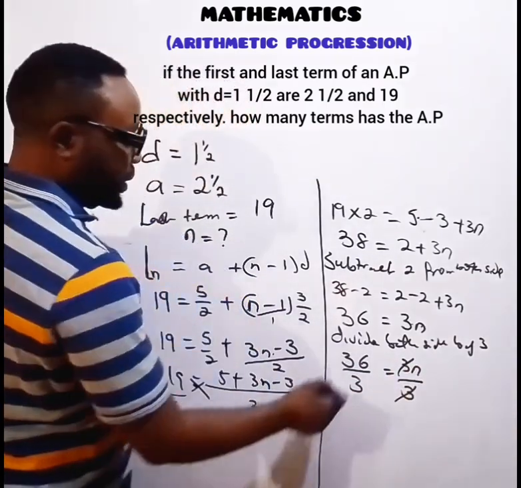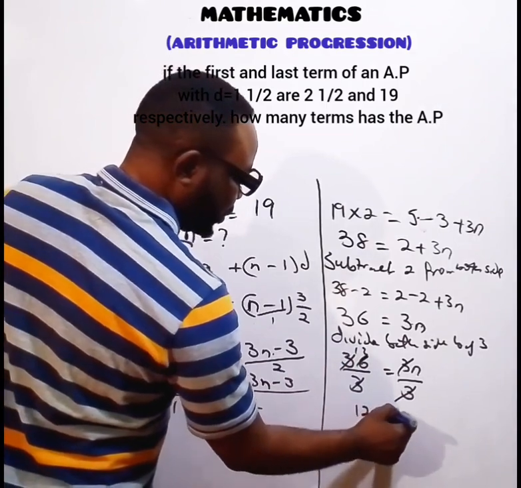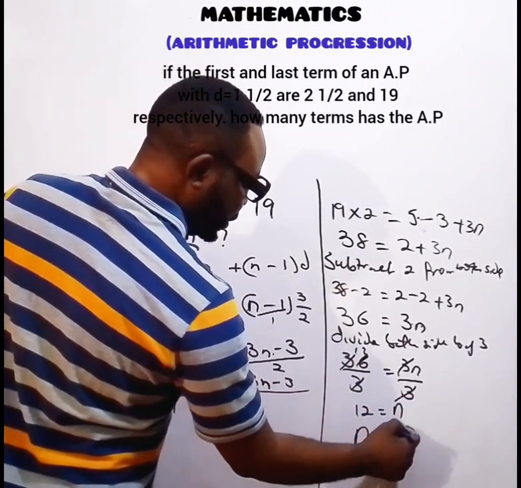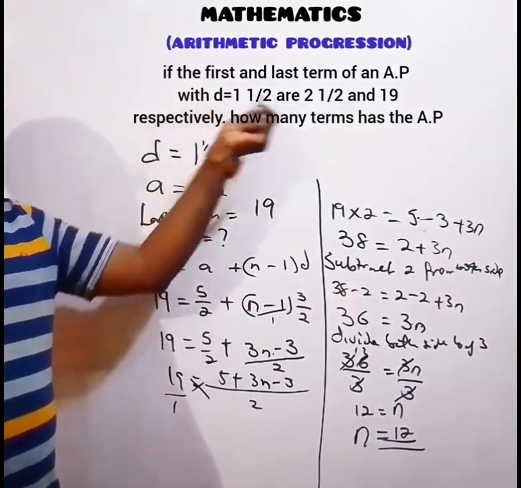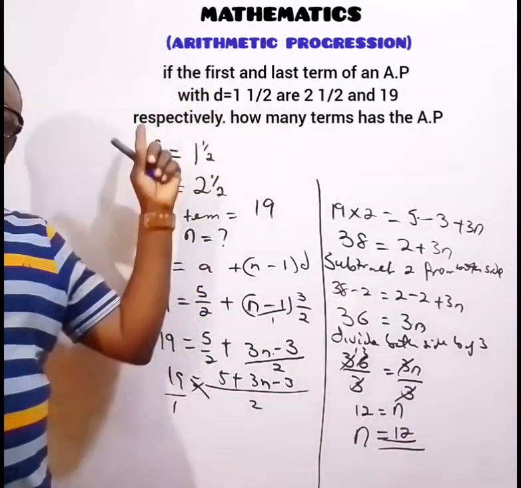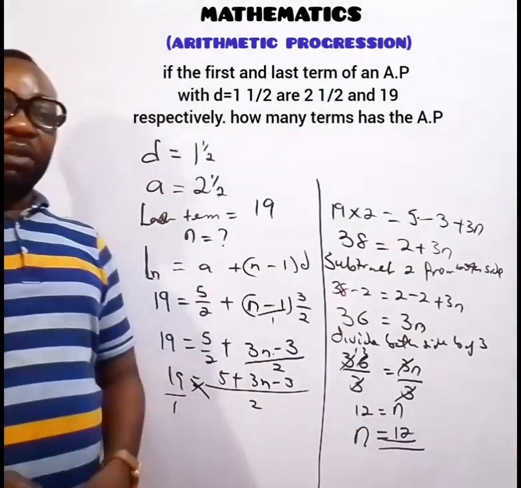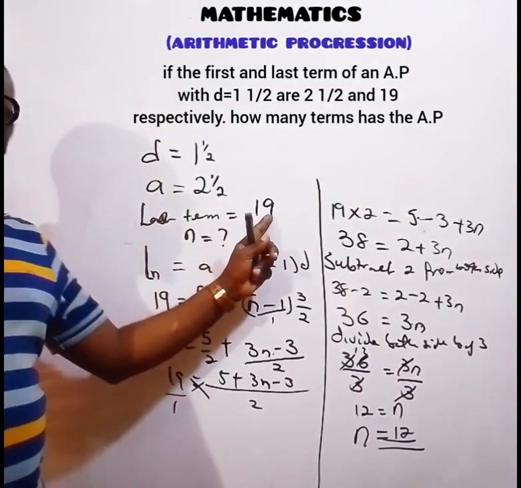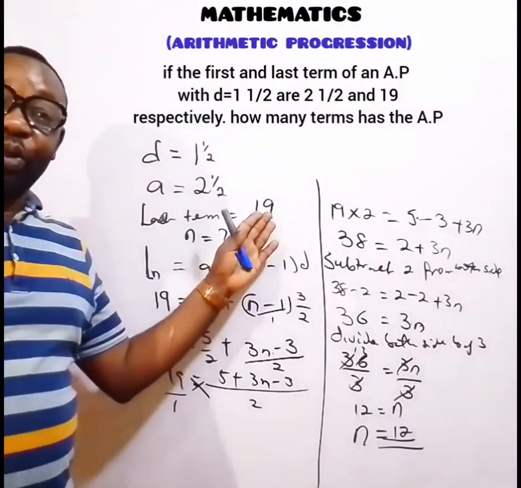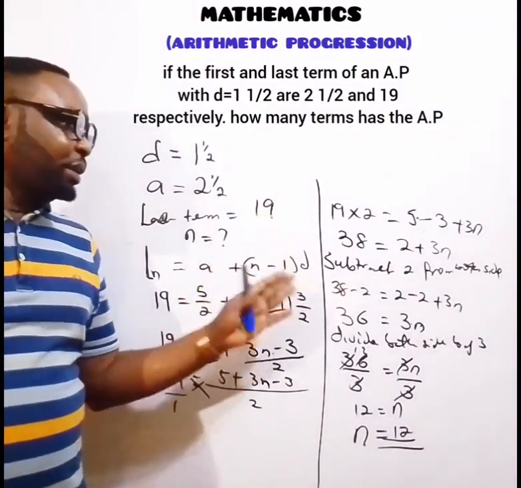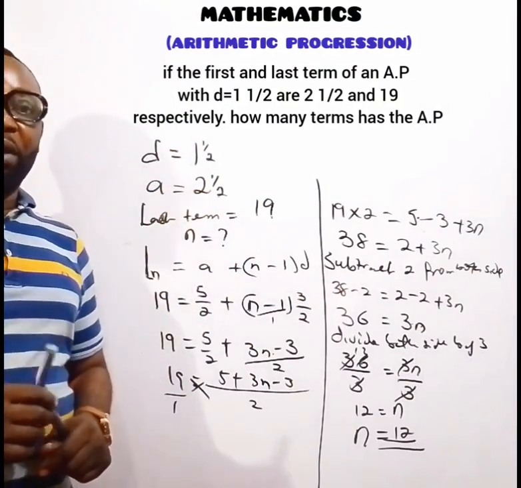This 3 cancels this 3. 36 over 3 is 12. So we're having 12 equal to n. That is, n is equal to 12. So the number of terms that this expression provides for us is the 12th term. It is the one that has the last term to be equal to 19. And the 12th term is equal to 19. That is the meaning of that particular expression with this common difference and the first term as well.